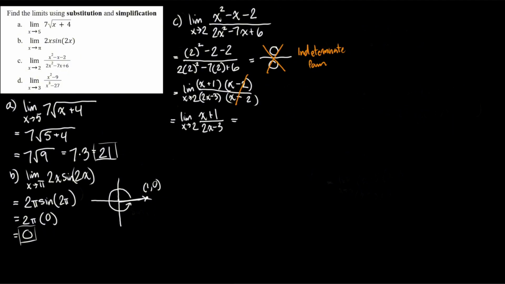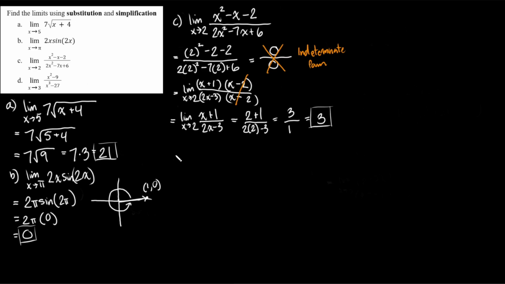If we plug it in, it will be 2 plus 1 over 2 times 2 minus 3. As we said, the top is 3 and the bottom is just 1. And so we can simplify. Our answer is 3.